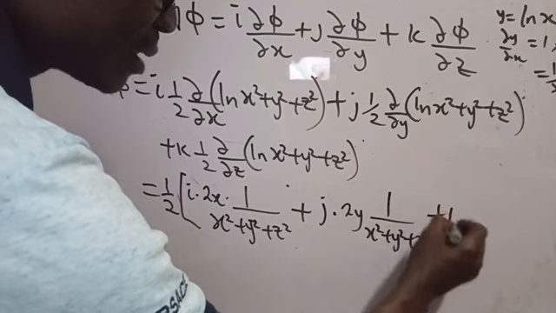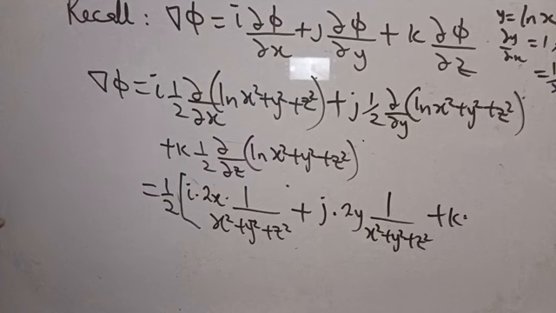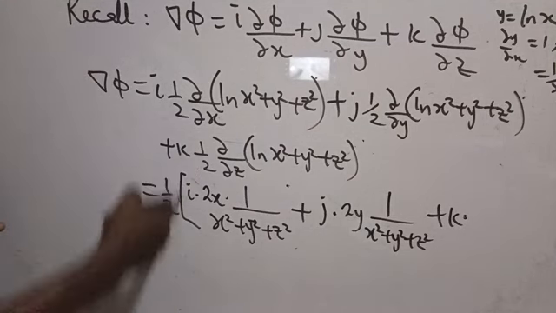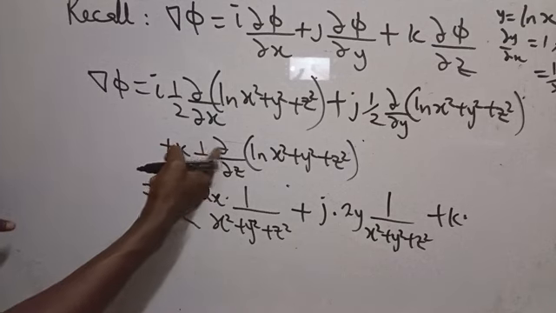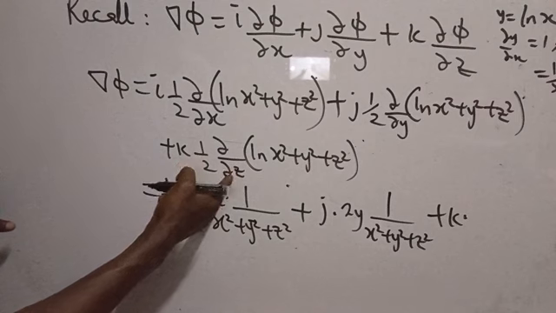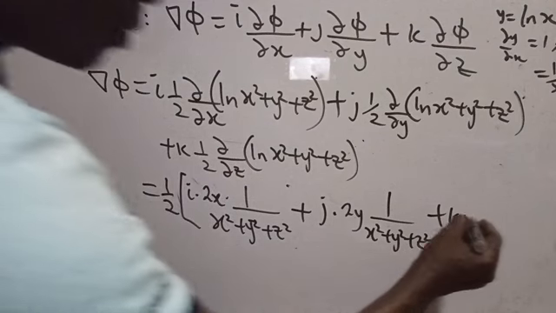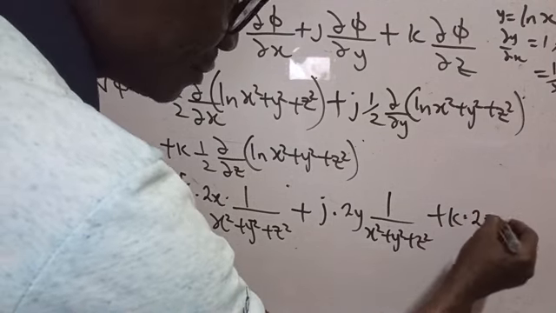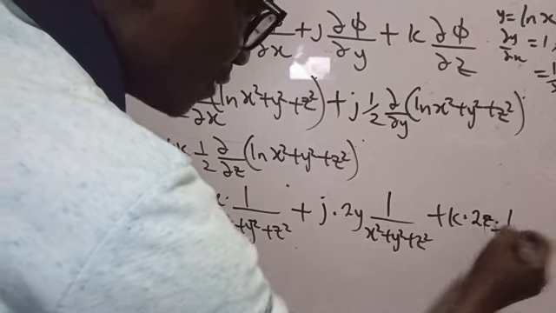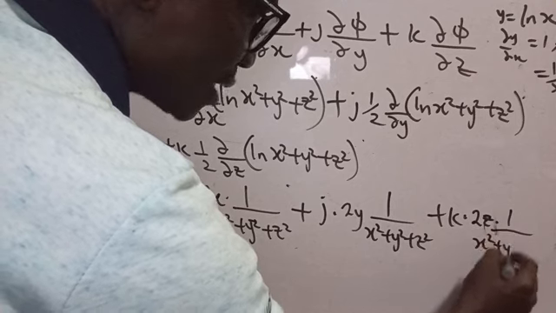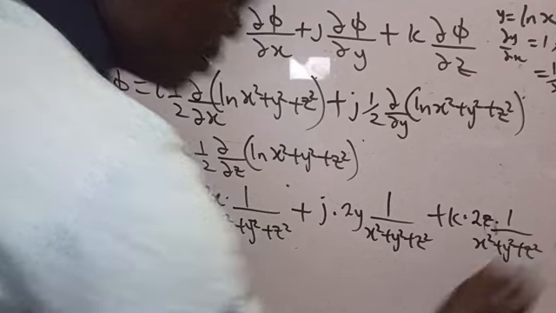Now plus k, the partial derivative, don't forget half is common, of this function with respect to z. That would be 2z, multiplied by what? 1 all over x squared plus y squared plus z squared.